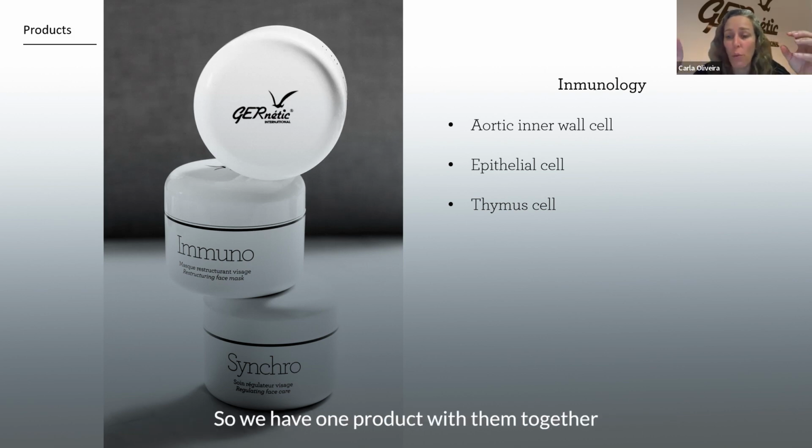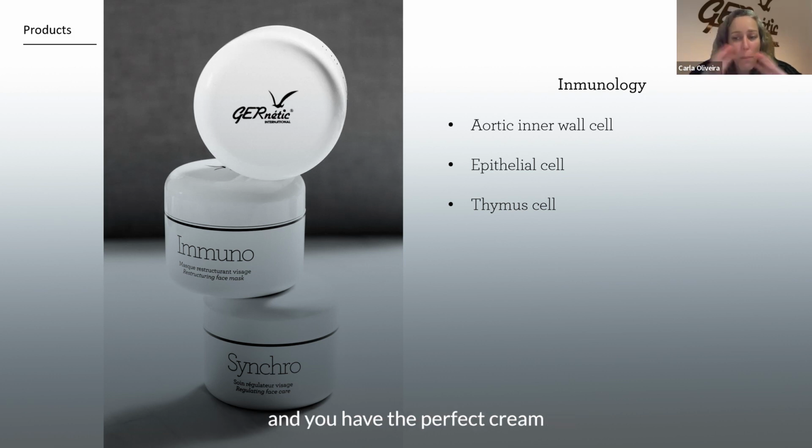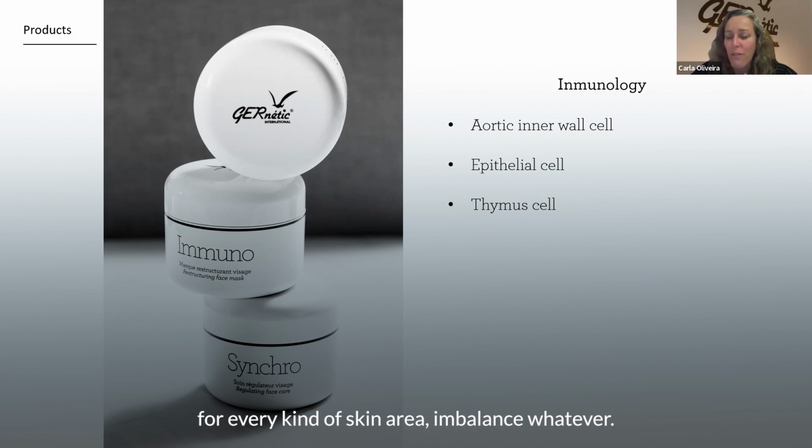So we have one product with them together that is always perfect for any kind of skin. Just put a little bit more of Synchro in the mix, or a little bit more of Immuno in the mix, and you have the perfect cream for every kind of skin, every imbalance, whatever.